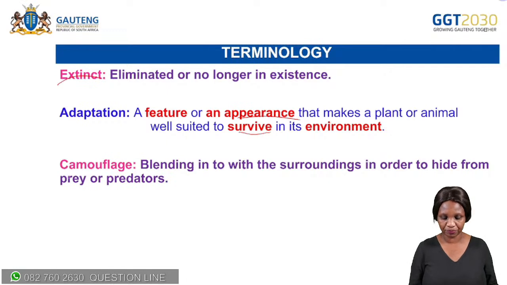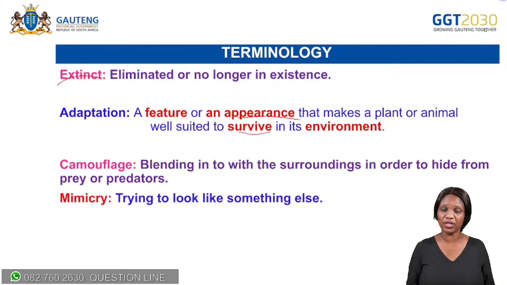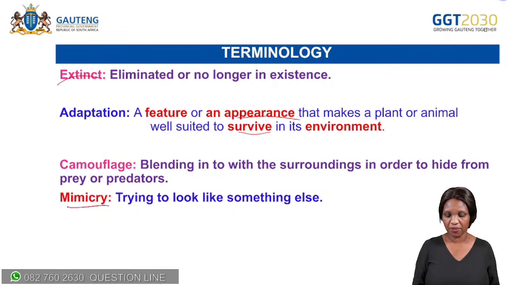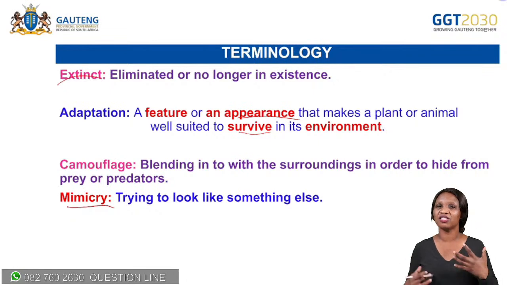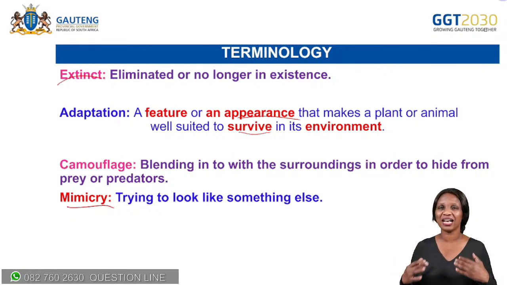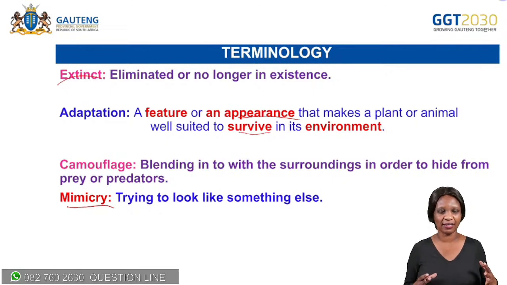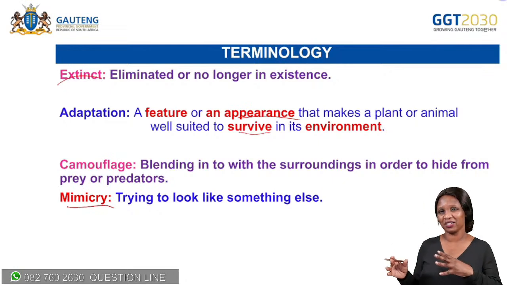And then let's look at the next word, mimicry. When we talk about mimicry, mimicry is trying to look like something else. This is trickery. It's a form of trickery. This is a form of fooling other animals. For example, we've got a coral snake and a milk snake.